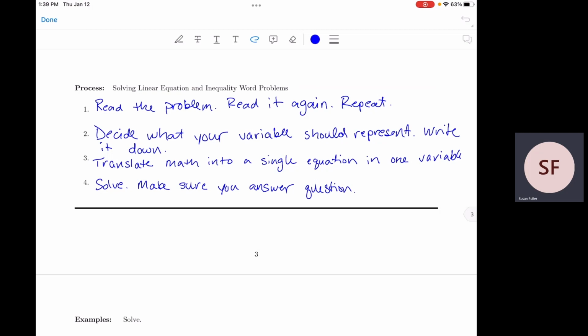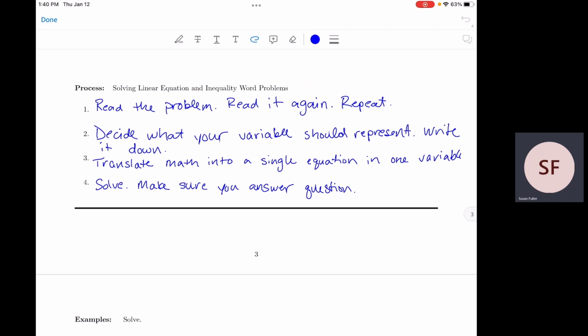The next step that we need to do is decide what your variable should represent. Now, this is not always going to be super obvious. You might have to do a little bit of work to decide what your variable should represent. Part of this process is taking notes, writing down some of the things that you're given and some of the information that you read in the problem, and trying to organize it to figure out exactly what you're given and how to connect that with what you're asked for.